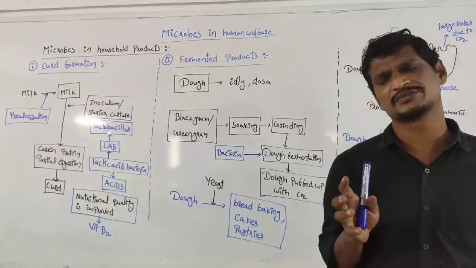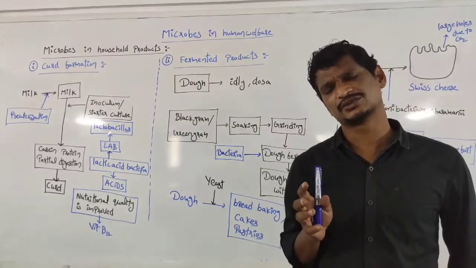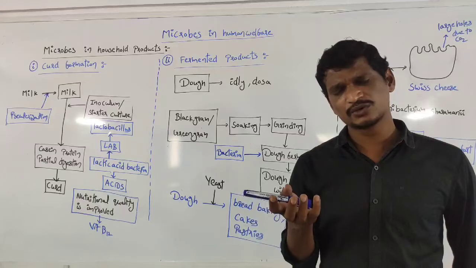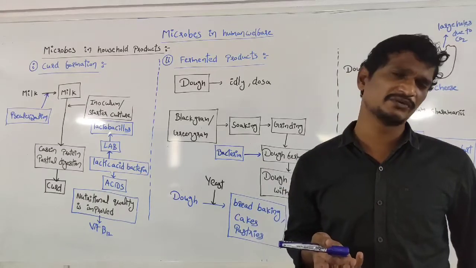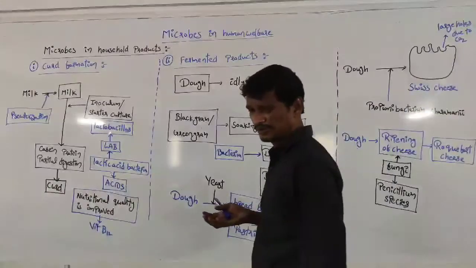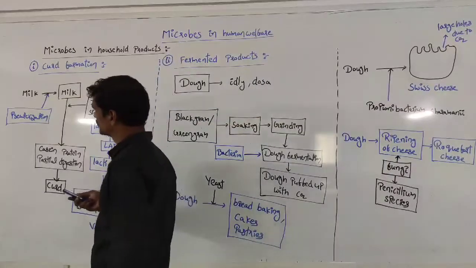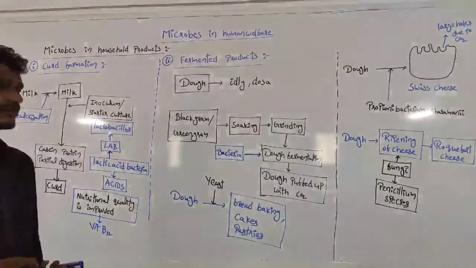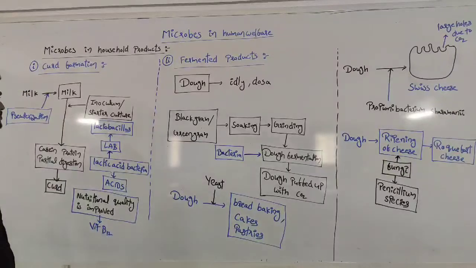Maybe in certain cases some heat resistant bacteria are also there, so these are killed when we immediately cool down the milk temperature. So by the pasteurization process, the milk sterilization, that is nothing but killing of microorganisms. That is nothing but pasteurization, right?